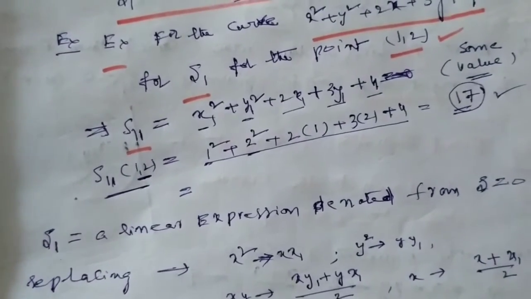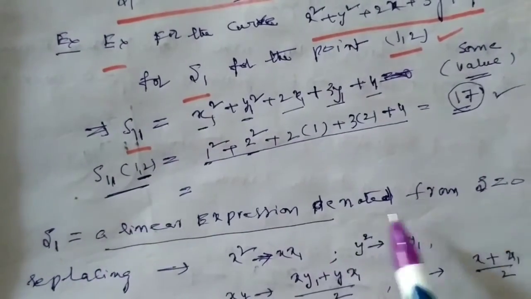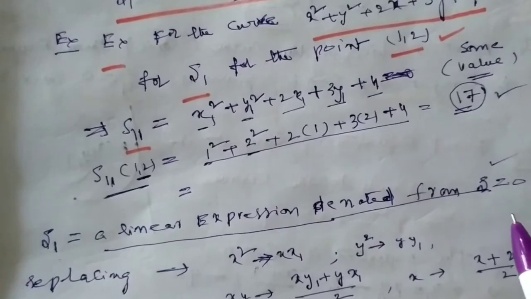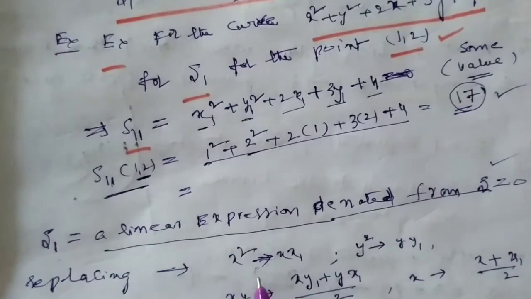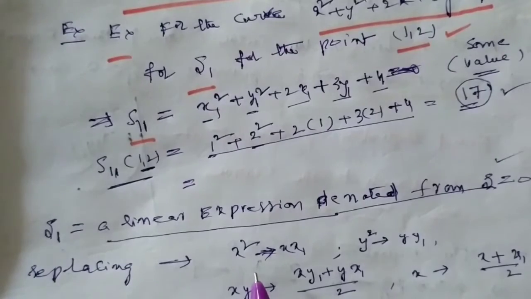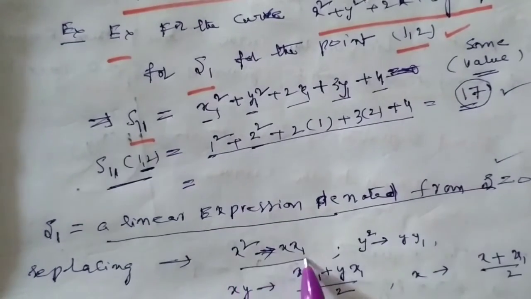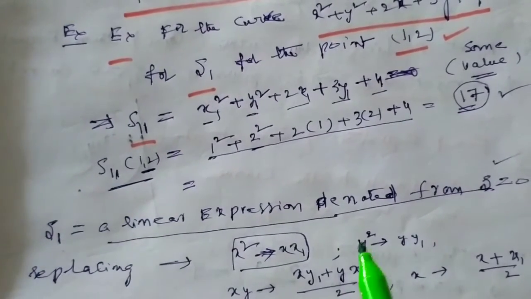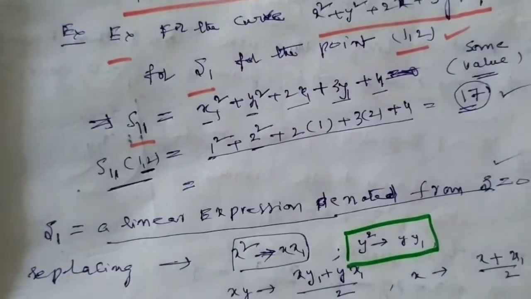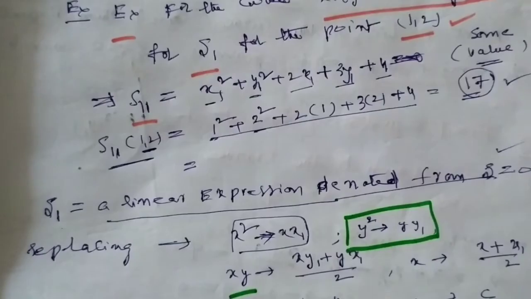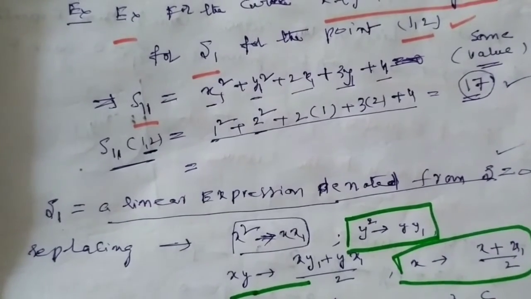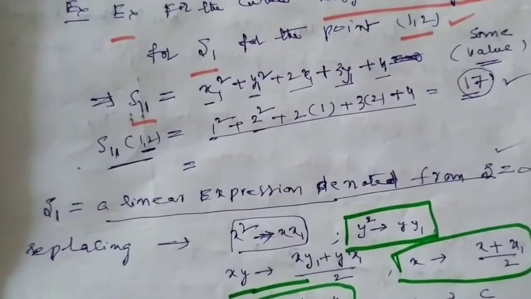And what about S1? S1 is a linear expression obtained from S is equal to 0. If the equation S is equal to 0 is given, then by replacing the terms of S: x square is changed to xx1, y square is replaced by yy1, the xy term is replaced by (xy1 plus yx1) by 2, x is replaced by (x plus x1) by 2, y is replaced by (y plus y1) by 2.